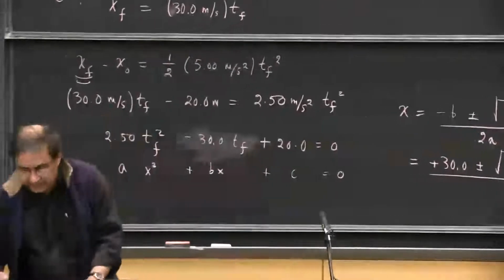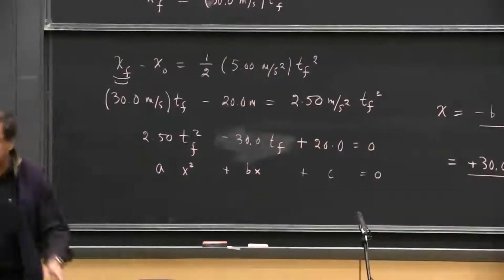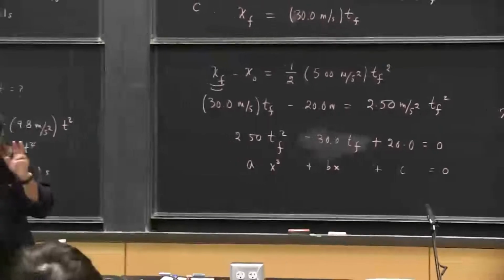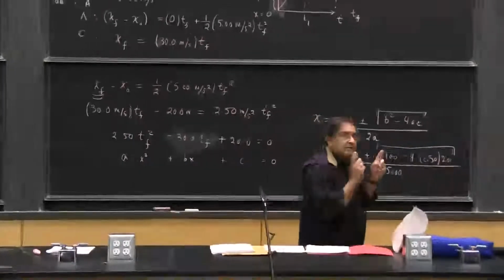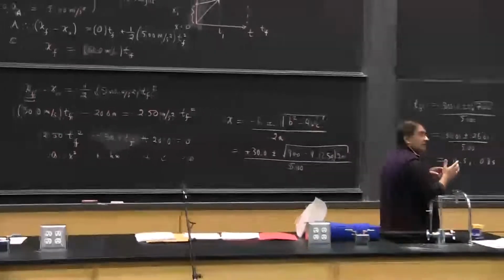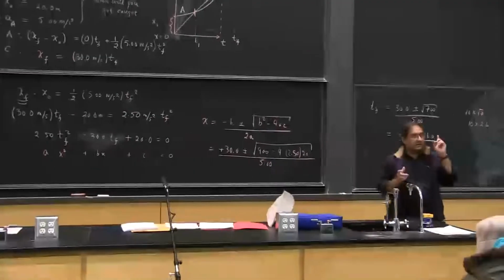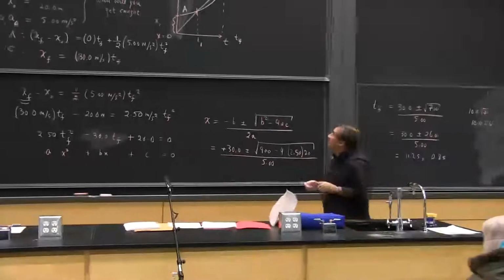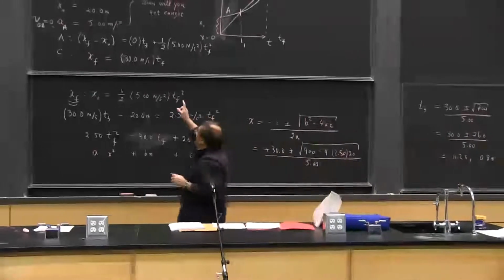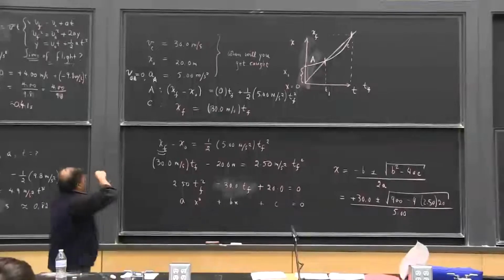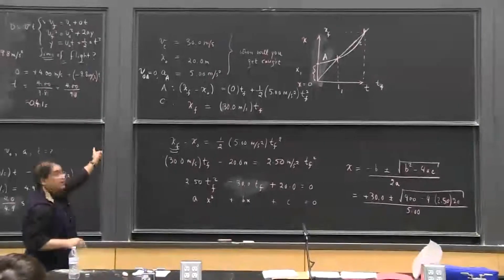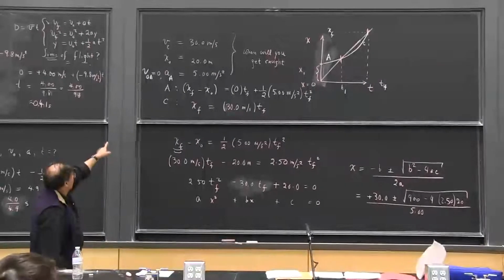So let me just recap this problem very quickly. The first thing we noted is that if the cop is going to catch you, there are two things we need to find: when and where. So x final and t final. Then we wrote down the equations of motion for the cop and for the car here.